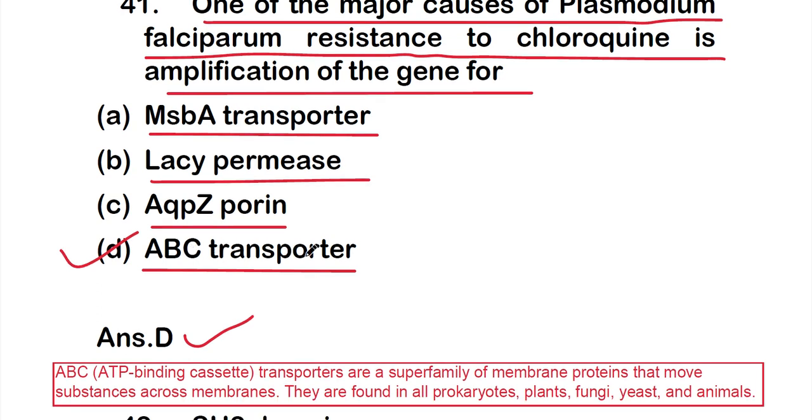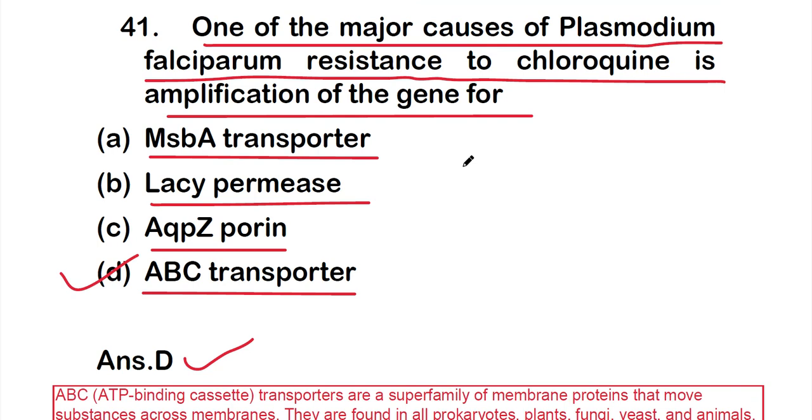Because this ABC transporter is increased in their membrane, when we apply chloroquine it gets pumped out from inside the cell, from the cytoplasm to the outer side, so it cannot enter the cell. That is the reason for resistance to chloroquine. So this is the first question of this video.